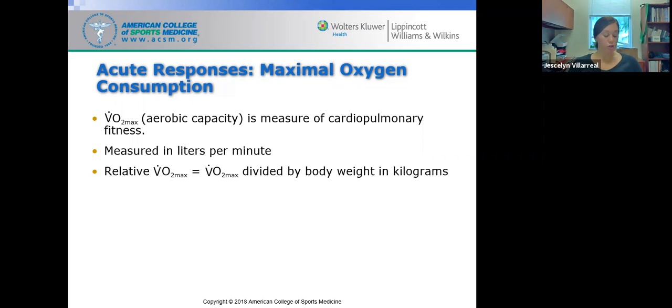Both central, cardiac output, and peripheral, which is AVO2 difference, regulating mechanisms affect the magnitude of VO2 max, so both of those matter. VO2 max is defined as the highest rate of O2 transport and use that can be achieved at max physical exertion.